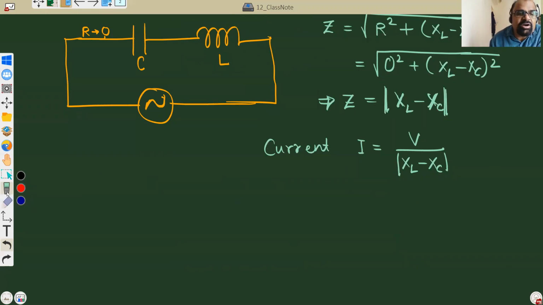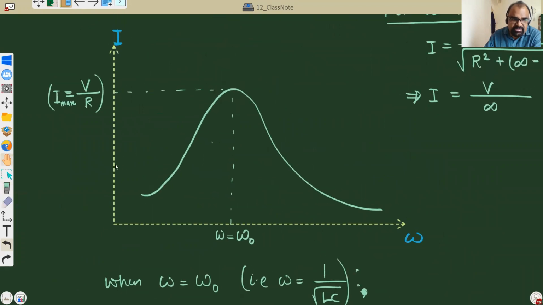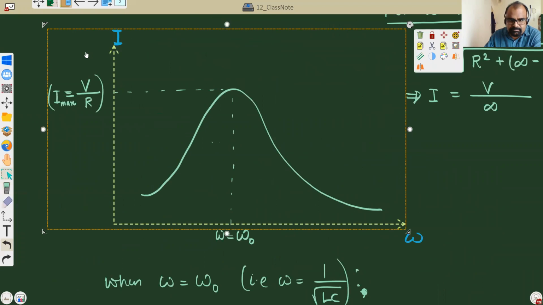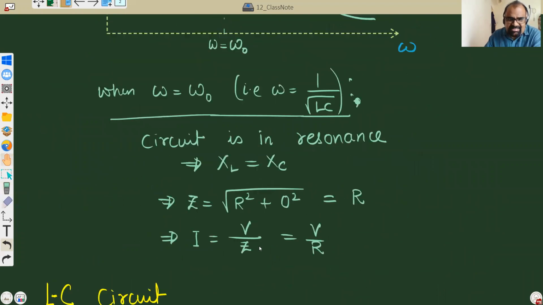And what about this graph? Now this graph is very interesting. Which graph? This graph, for the LC circuit.